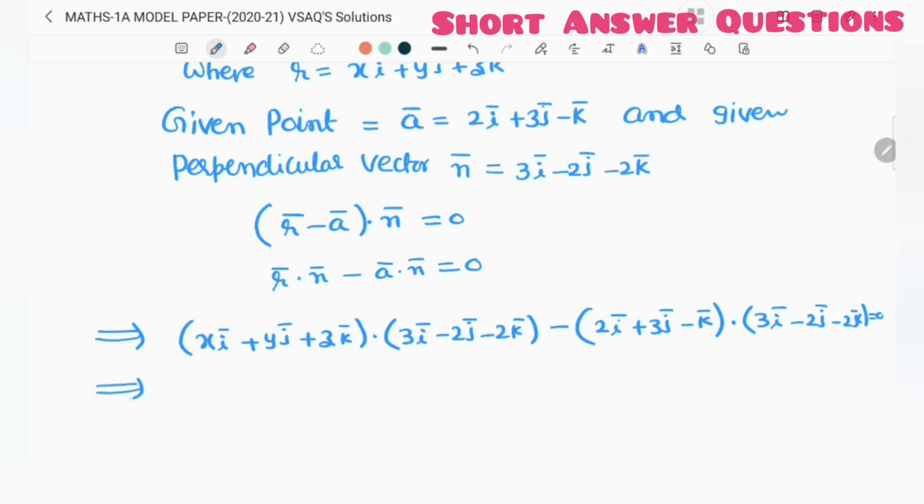So by the dot product, we know 3x minus 2y minus 2z, since i bar dot i bar, j bar dot j bar, k bar dot k bar is 1, and the remaining values are zeros, minus, 2 into 3 is 6, 3 into minus 2 is minus 6, minus 1 into minus 2 is plus 2.